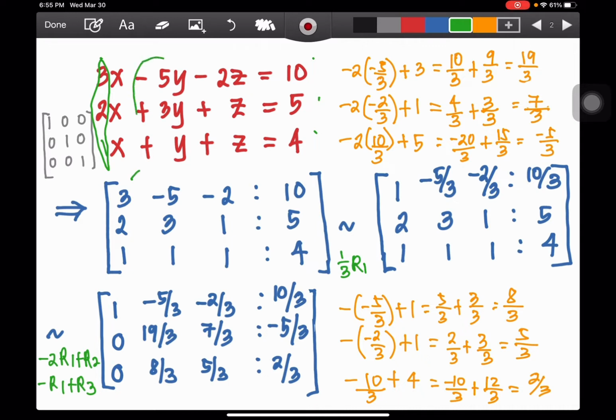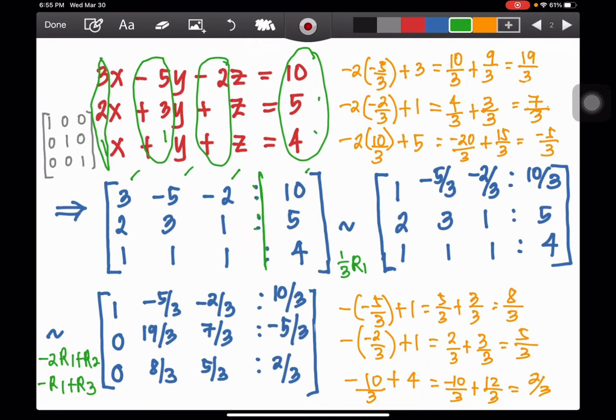The coefficients here are negative 5, 3, and 1. And the coefficients here are negative 2, 1, and 1. And of course, we create an augmented matrix. We can use either the dots or the columns, or you can directly write it this way. So we have 10, 5, and 4 also copied.